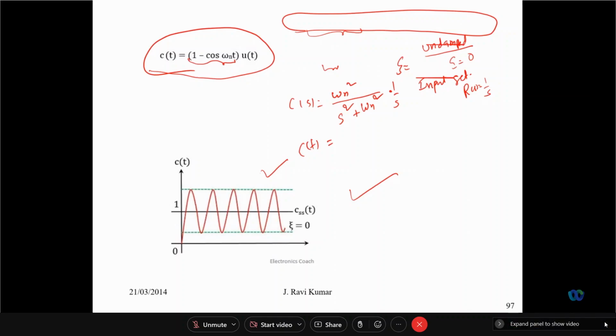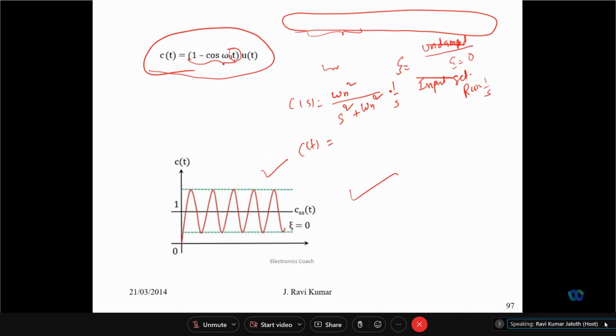For various values of t only we are trying to see, right? Yes, sir. And t tends to infinity, try to see the plot.